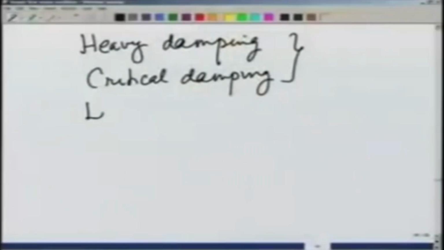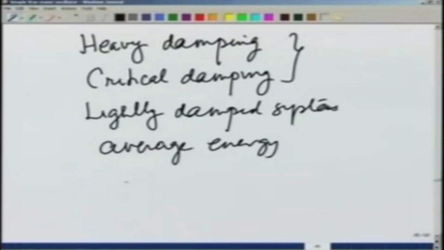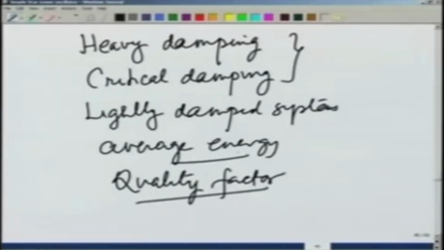And then we learnt about lightly damped systems, their average energy and their quality factor. In the next lecture, we are now going to introduce a force that drives the system and see how it responds to that force.